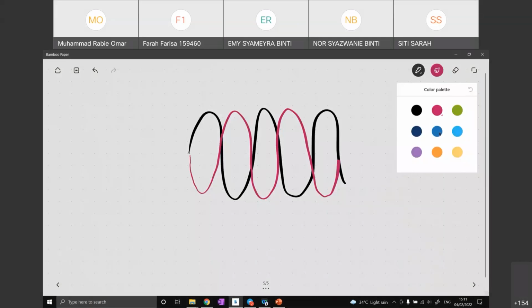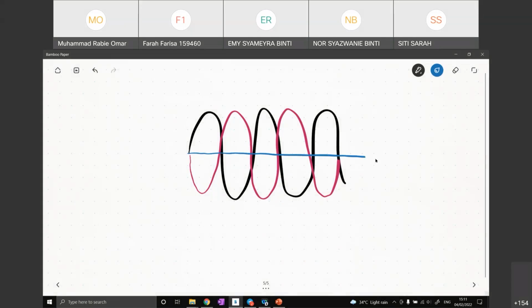Then the resultant, which is blue in color, will be this. The reason is because this guy is positive y, and the other wave is minus y. When we add both of them together, the resultant wave is 0. It's a horizontal line.